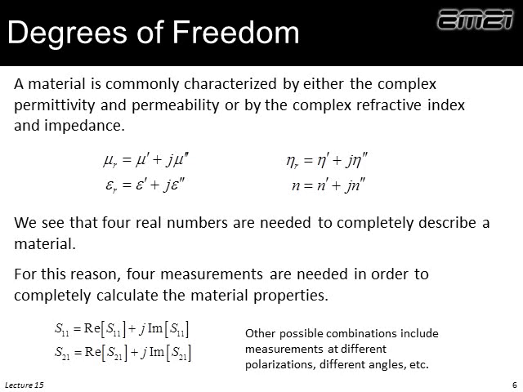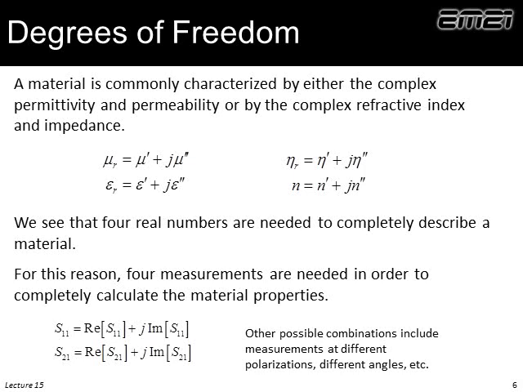If we want to determine the complex permeability and complex permittivity, that's actually 4 numbers, right? Because we have the real and imaginary part of permeability and the real and imaginary part of permittivity. So if we have 4 numbers, that means we need at least 4 measurements to determine those. So we need 1 measurement of the complex transmission and reflection in order to determine the permeability and permittivity.